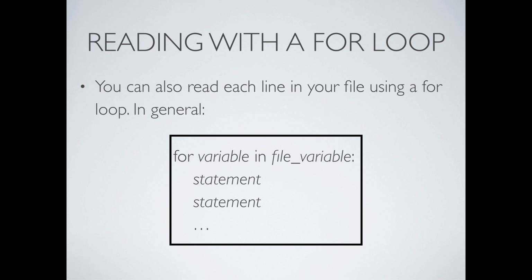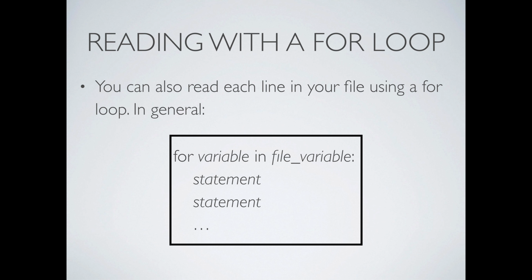This is the general form. For some variable, this is the loop variable, in file variable. Now file variable, again, this is the same variable that you used when you open the file. So for something in that original file variable. At this point in time, the loop variable has stored in it the first line of your file, and then the next time it loops, it will have the next line of your file, and so on.